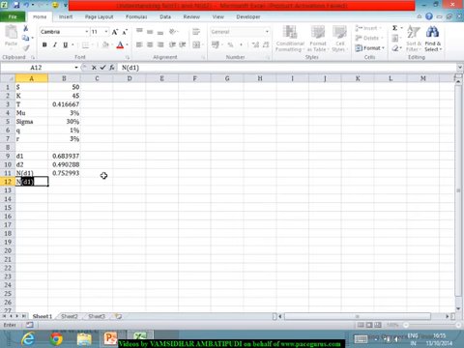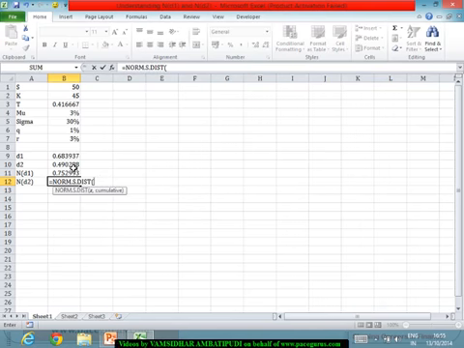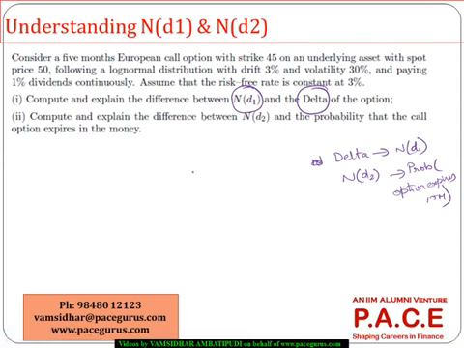Similarly, if I'm looking at N(d2), the same logic works out to 68.8%.